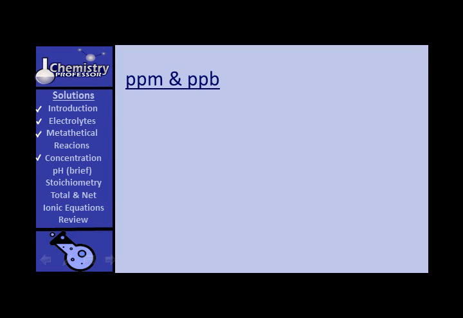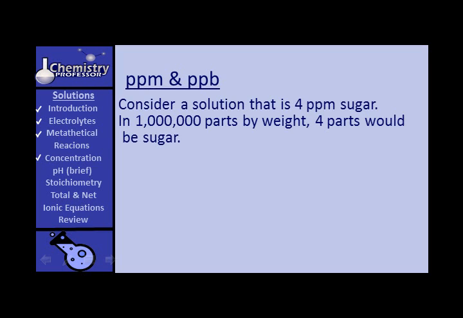Parts per million and parts per billion. Now, we could also include parts per trillion and so forth, but it works very similarly. Let's look at a solution that is 4 parts per million sugar. What this is telling us is that in a million parts by weight, 4 parts of that weight would be sugar.